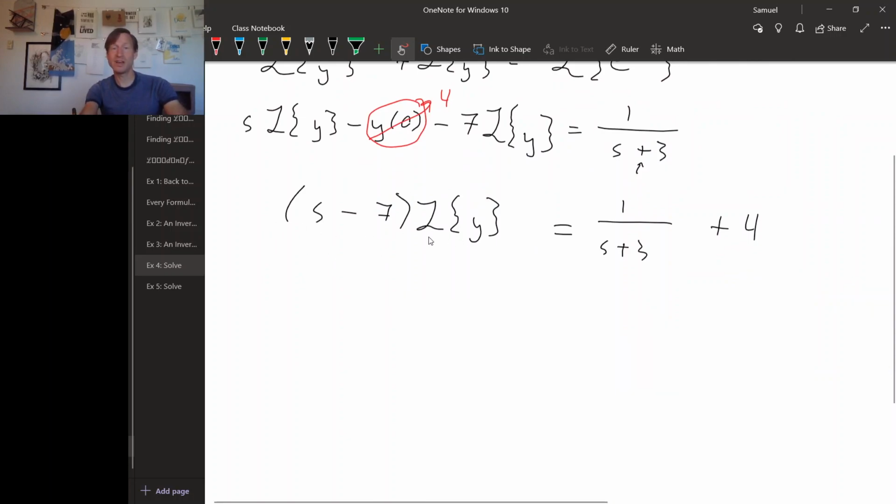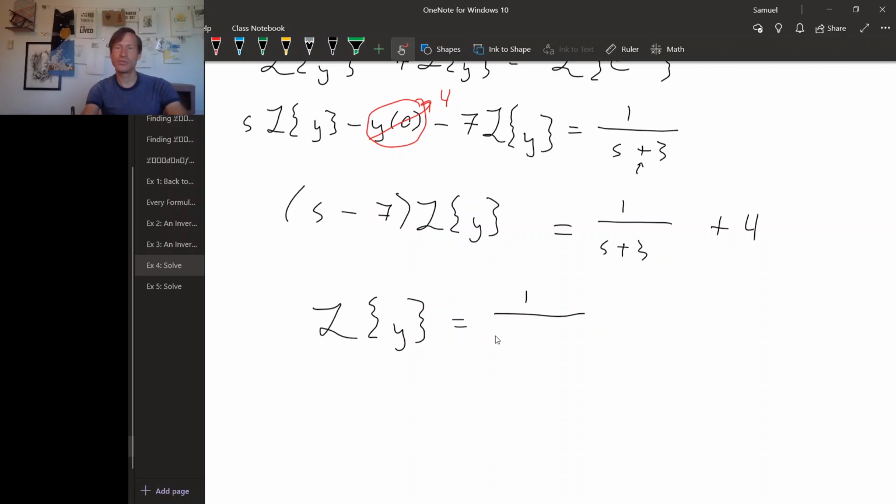Now we can divide both sides by s minus 7 to finish solving algebraically for the Laplace transform of y. We get 1 over (s plus 3) times (s minus 7), plus 4 over s minus 7.